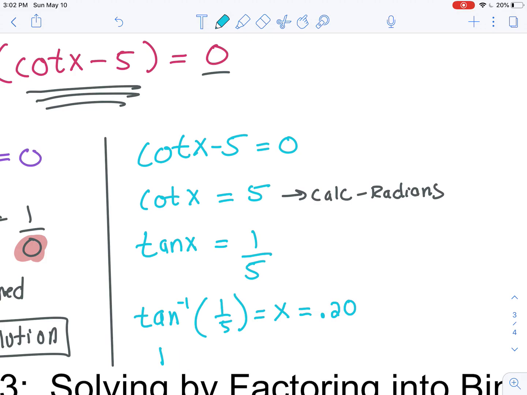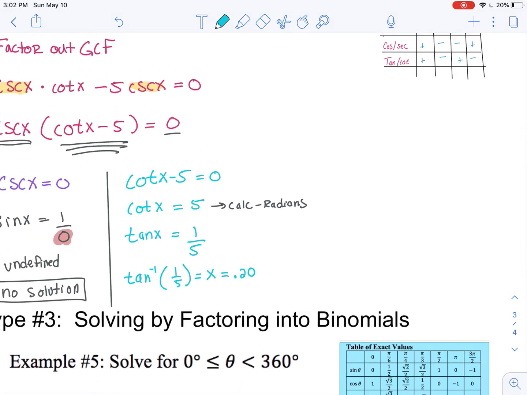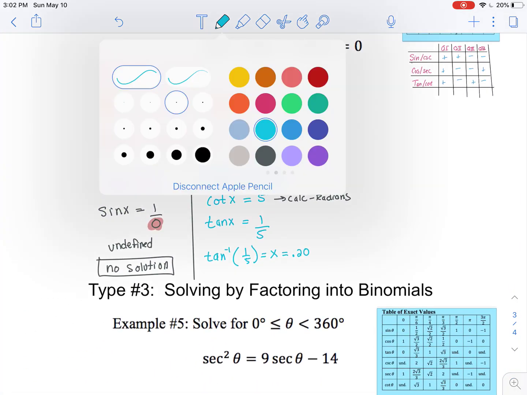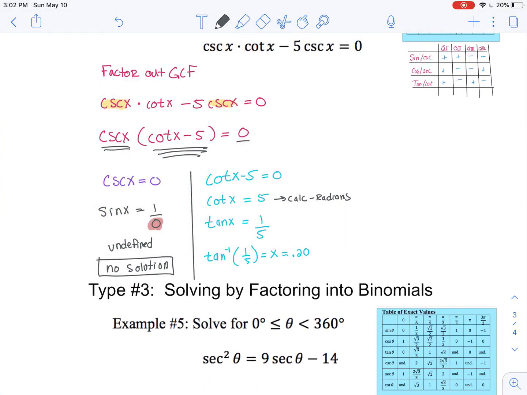So let's put together what we need here. My reference angle is equal to 0.20. I need to think to myself, when is tangent or cotangent positive?